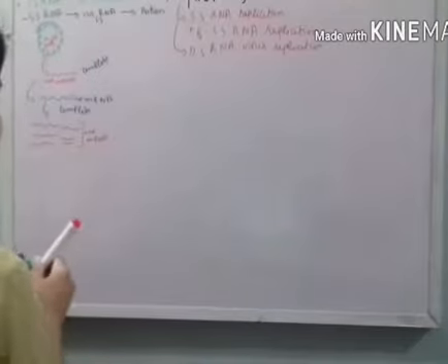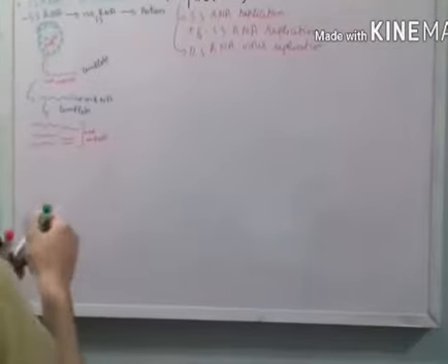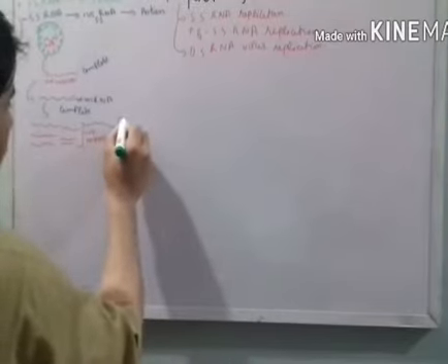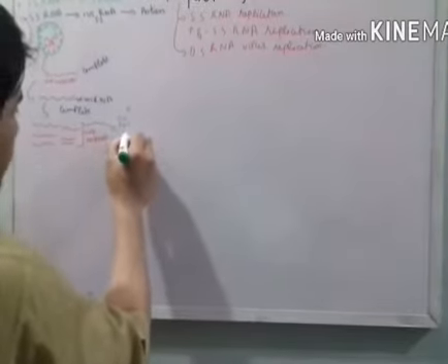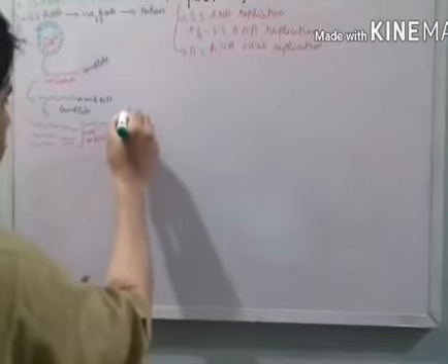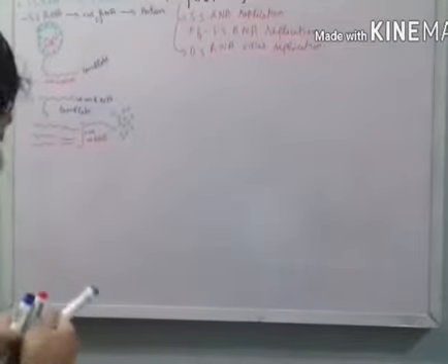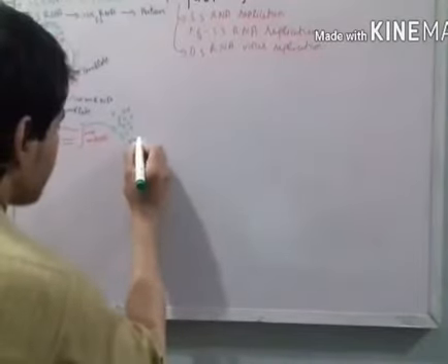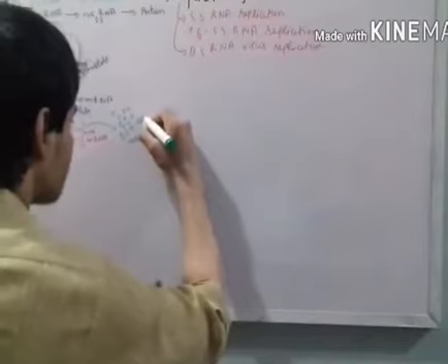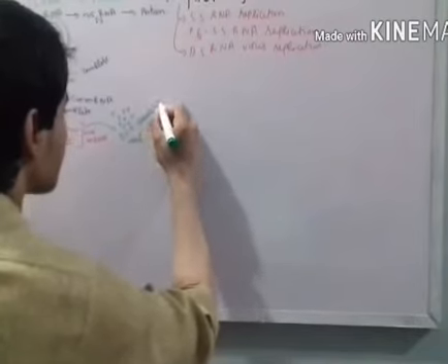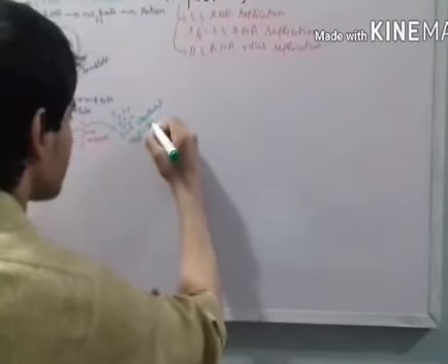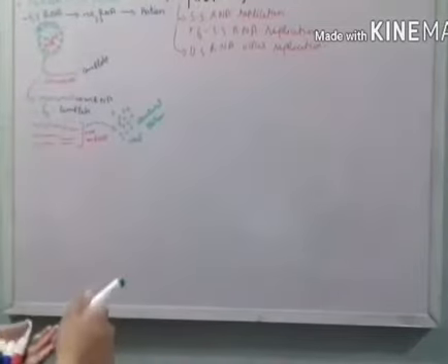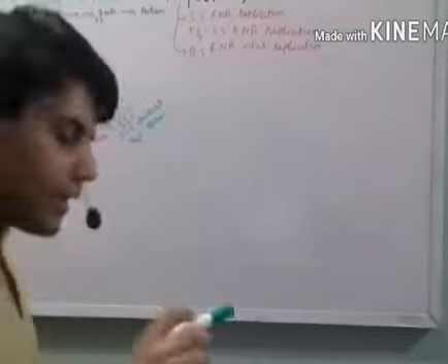Now after that what do we get? These mRNA further release the protein, the product. So we get the product, the protein, the viral structural protein. We get viral structural protein, and after that finally we get a progeny virus.